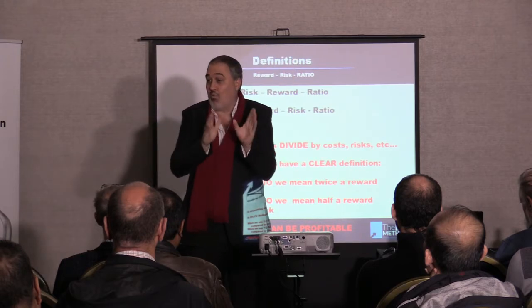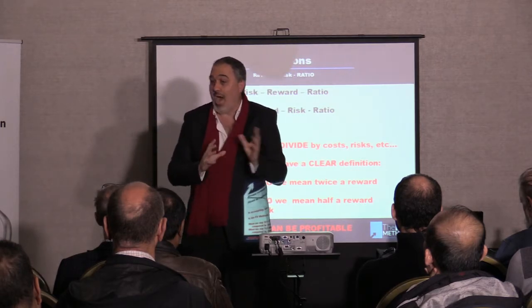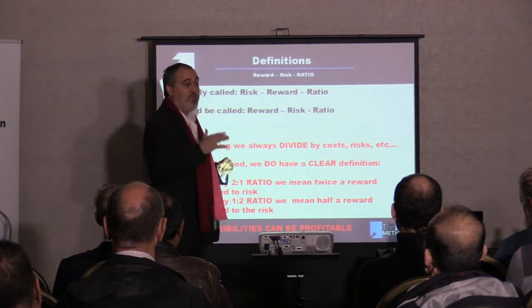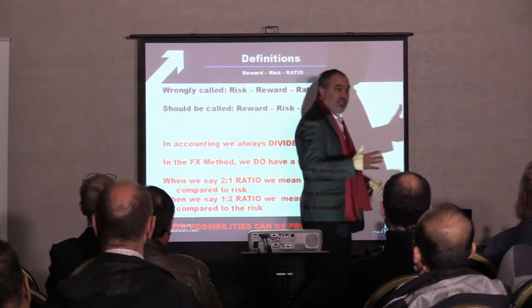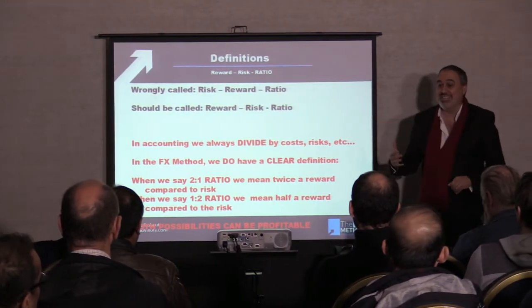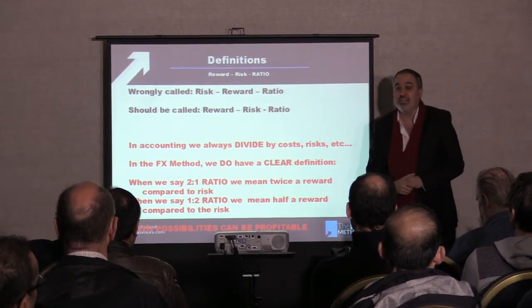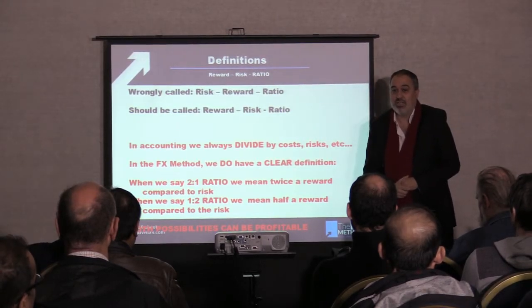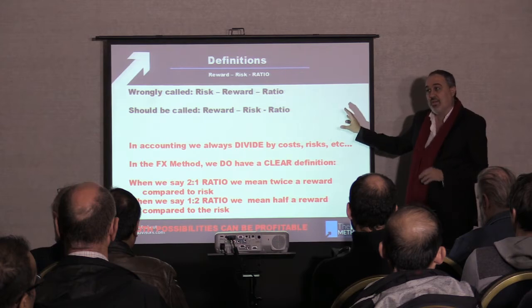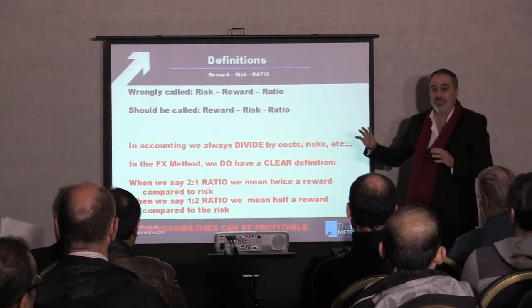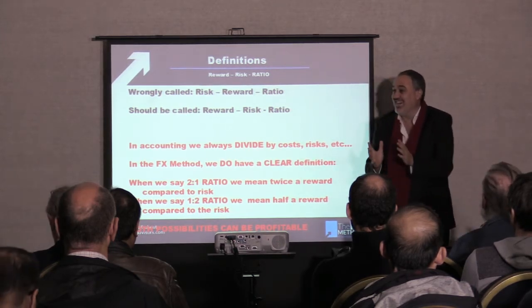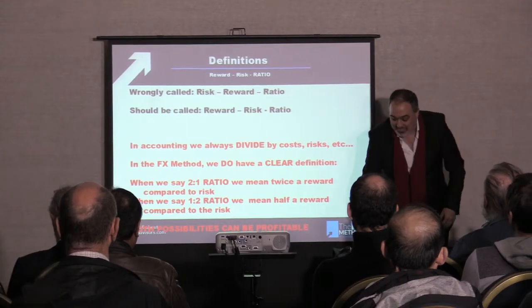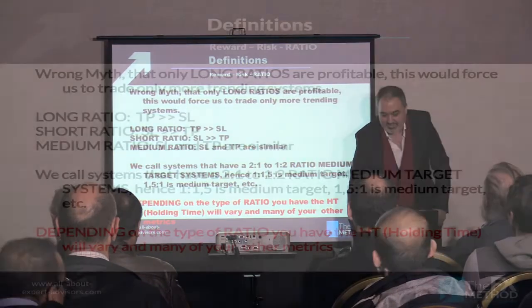And I can have 1-to-1 systems as well, or 1-to-1.5 systems, or 1.5-to-1 systems. You can trade everything. It depends on the success rate. That's all it depends on, right? That's what you need the reward risk ratio for. We are so used to saying risk reward, I'm almost not even trained to say the right wording.